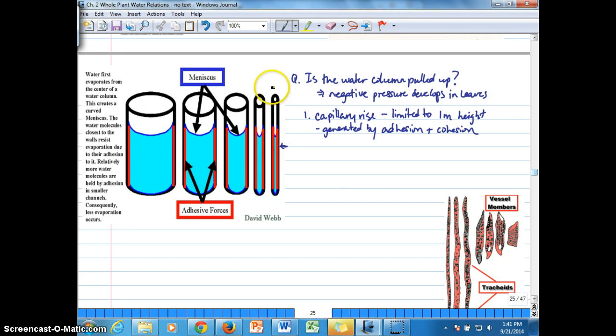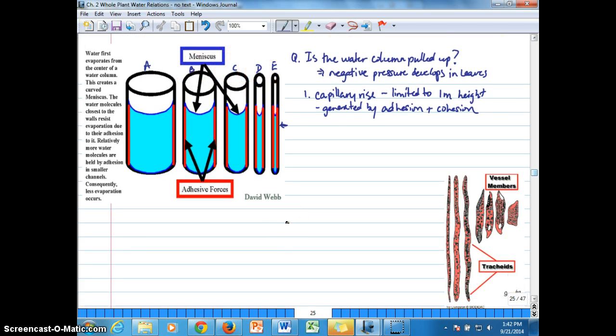And so this diagram here would represent, say, xylem, or let's say a tracheid or vessel element with a certain diameter. And we'll just label these here, B, C, D. And so again, adhesion is the attraction between water molecules and the cellulose, and is going to result in water basically wicking up the sides of the xylem.